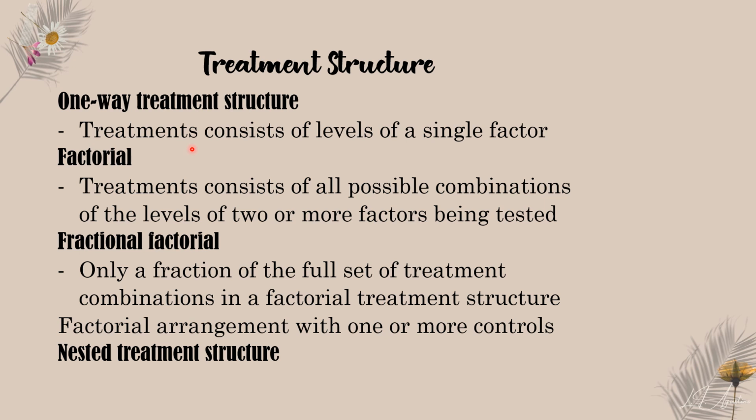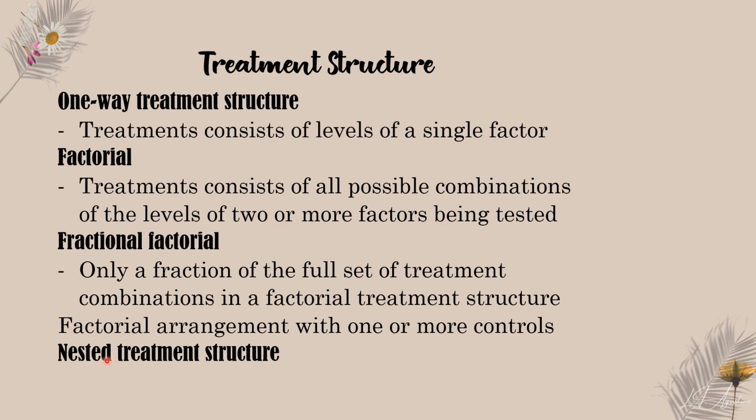In other words, you have only used one treatment or one characteristic, but of course in different levels. And then factorial. Factorial is where treatment consists of all possible combinations of the levels of two or more factors being tested.